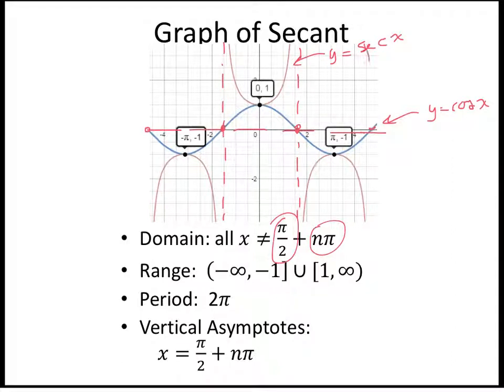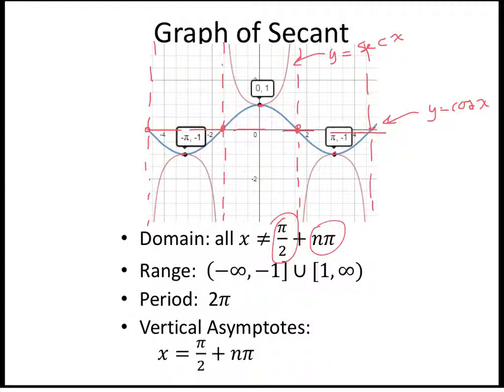Well, my asymptotes are going to happen at the exact same spot. Okay? So my range, again, just like cosecant, was everything except the stuff from -1 to 1, but it also includes these common points. So from negative infinity to -1, union with 1 to positive infinity is my range.